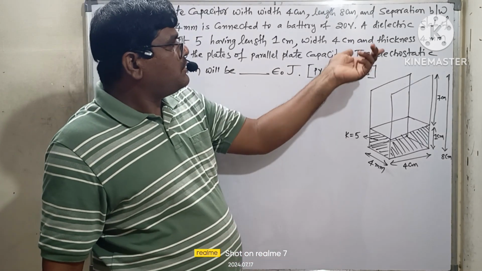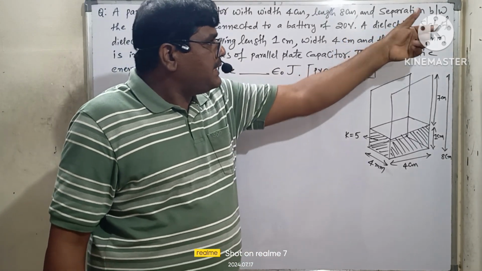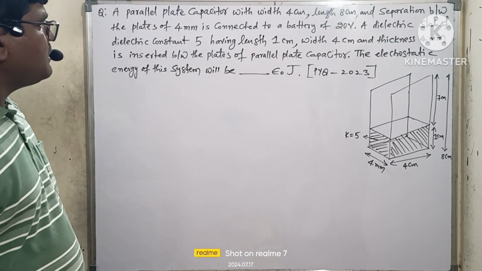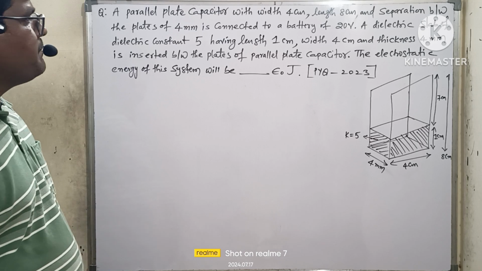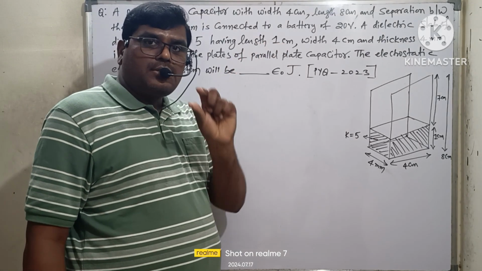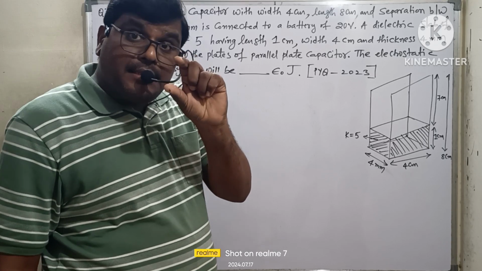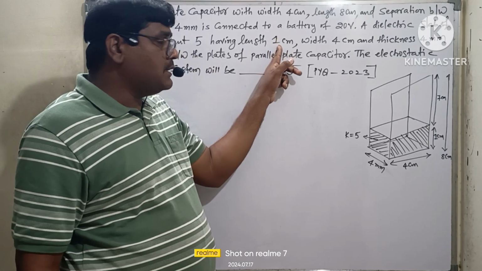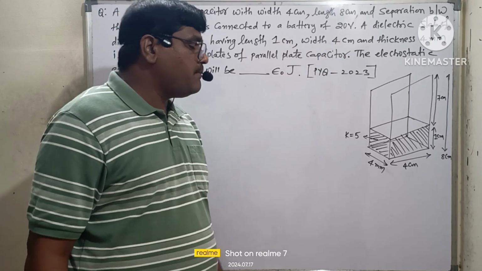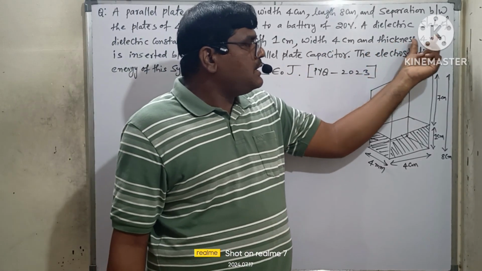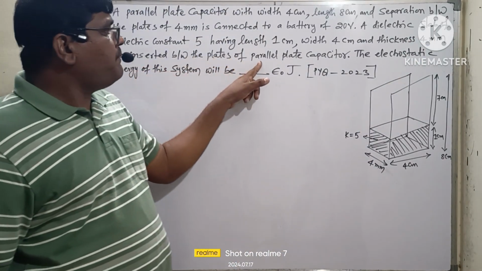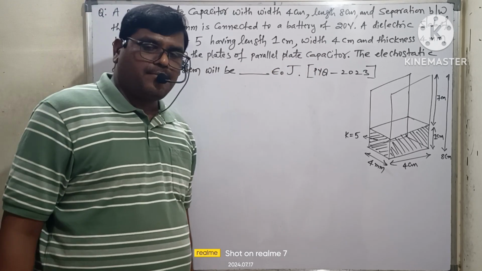And some more to the question. A dielectric slab of dielectric constant K, that is given here as phi, having a length of 1 centimeter, width 4 centimeter, and thickness 4 millimeter, is inserted between the plates of the parallel plate capacitor.